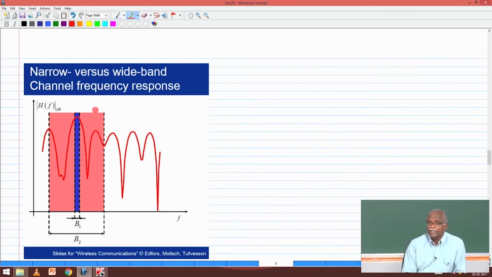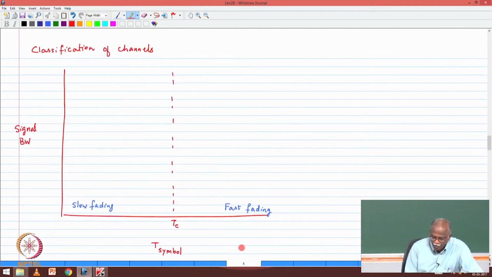Whereas the red signal would see channel variation, and therefore the channel is not constant. Between B1 and B2, B1 is the narrowband, B2 is the wideband, lies the coherence bandwidth, because coherence bandwidth is the region where the frequency response of the channel is correlated. So if you go back, the characterization on this axis is going to be the coherence bandwidth.